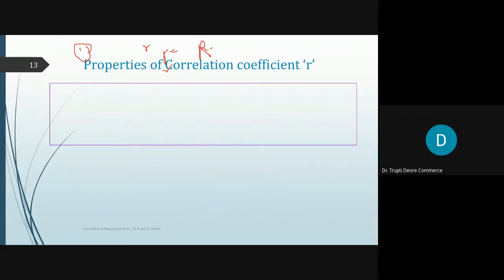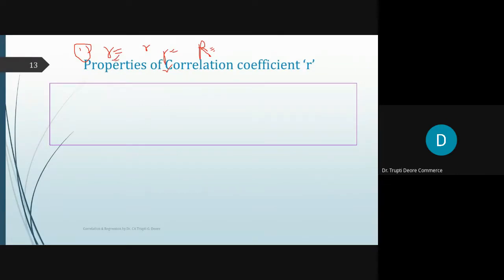And rank correlation is used for qualitative data. Product moment, that is small r, is used for quantitative data. It means where there are values given for the particular data, such as manufacturing products or height of a person.